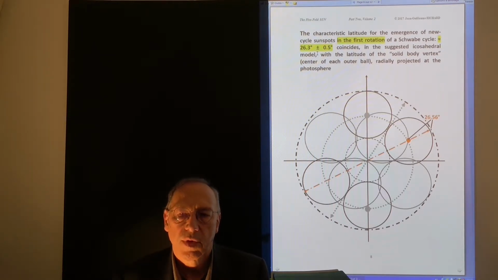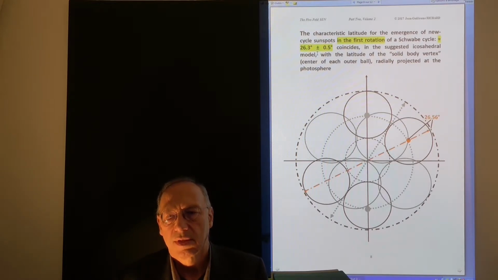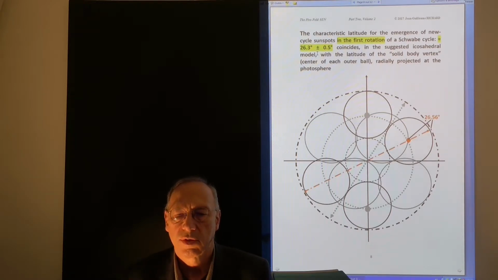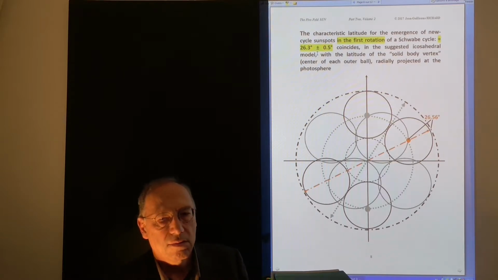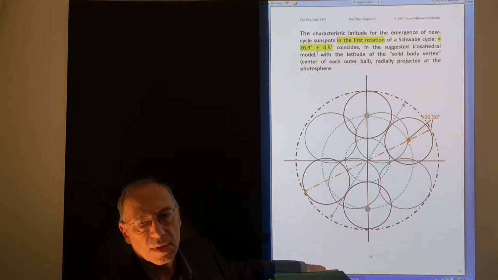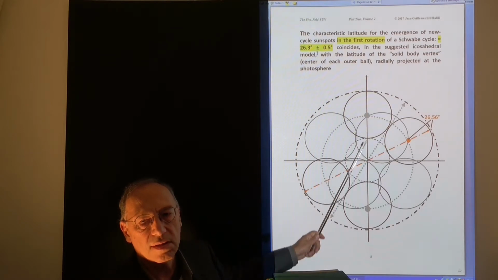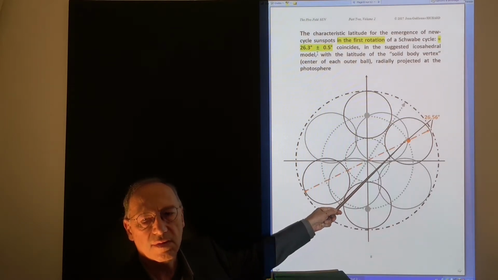So we have here an approximate correspondence, a coincidence, between the latitude at which characteristically the first sunspots emerge in a solar cycle and the vertex of the icosahedron on which this center is superposed. This is a vertex, a toroidal vertex of the icosahedron.